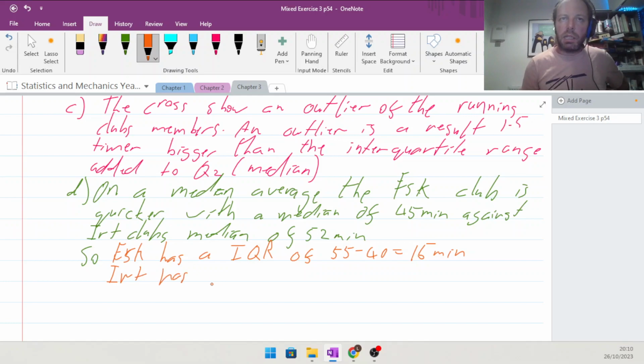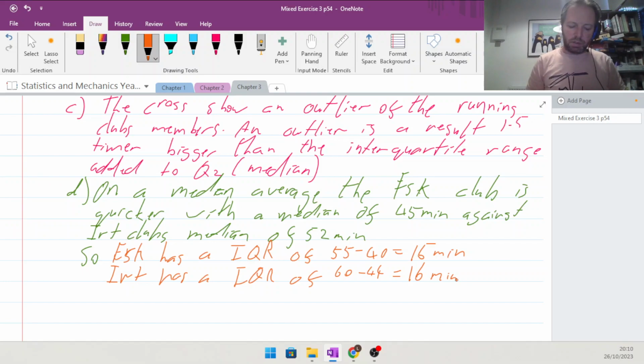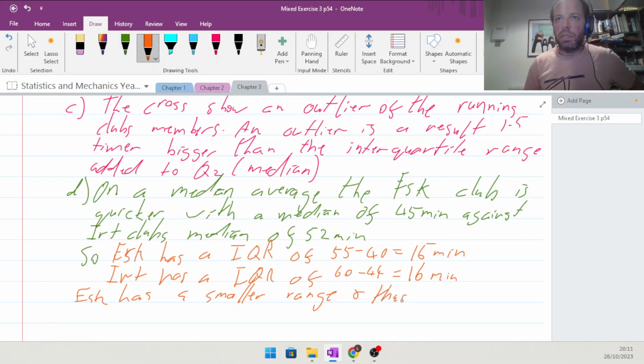Eert has an interquartile range of Q3 take away the Q1 mark, so it's going to be 60 take away 44, which is 16. So Esk has an interquartile range of 15, Eert has 16, and so simply Esk has a smaller range, and thus less spread out.